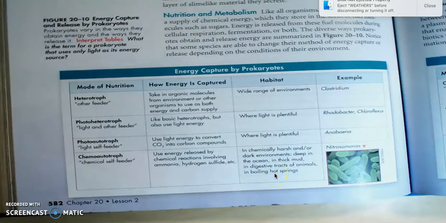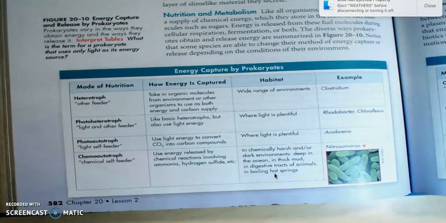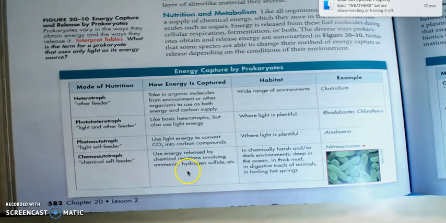They also are plentiful in the ocean vents, deep in the ocean, where a lot of chemicals, sulfur compounds come out of the earth, and you can find these chemoautotrophs, and they form the base of the food chain at these ocean vents. They use energy released by chemical reactions involving ammonia, hydrogen, sulfide, and chemicals like that. So these are the four ways in which prokaryotes capture energy.